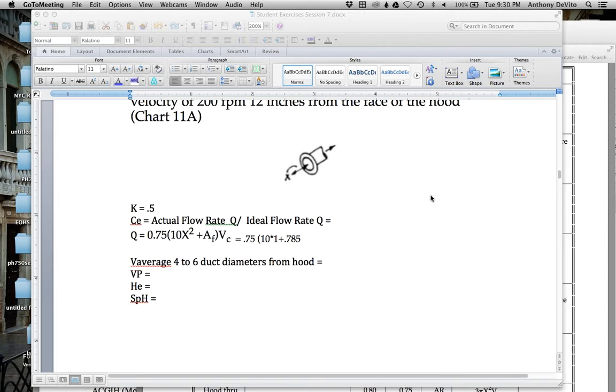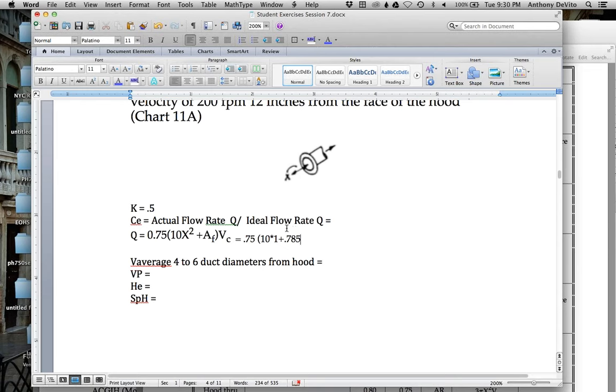So we're back on. As I was saying, Q, the quantity of air that we need to achieve the capture velocity that we want at that certain distance from the hood. Q is equal to, and we got this from that chart 11, Q for this particular hood is equal to 0.75 times 10 times the distance from the hood that we're going to measure the capture velocity squared, plus the area of the face of the hood times the capture velocity.